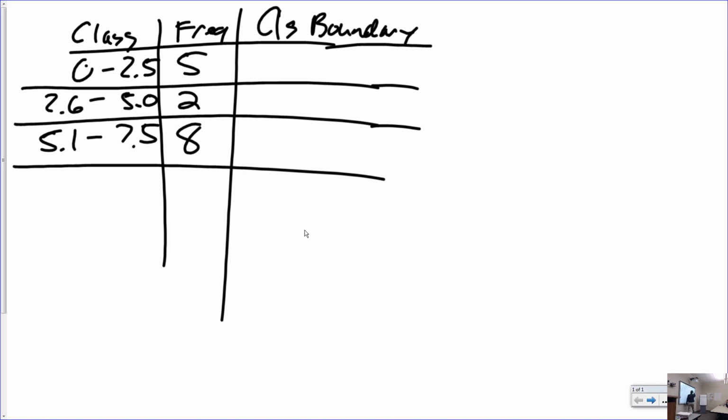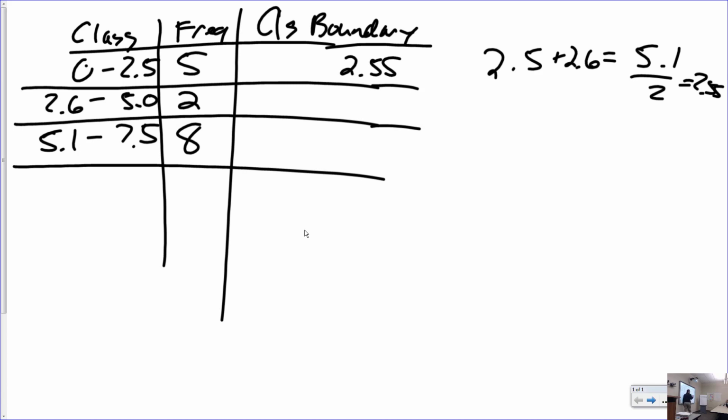So we say 2.5 plus 2.6 is 5.1, divided by 2, 2.55. So the upper range of the class boundary is 2.55, and the lower range of the other class boundary is 2.55. Rinse and repeat.